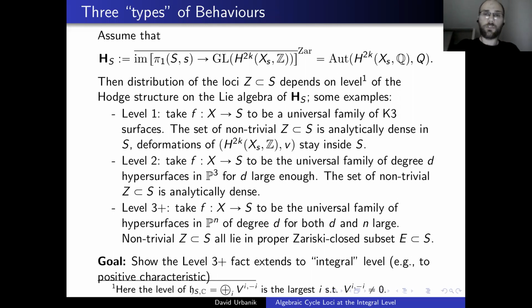But in fact, if you look at the original family, not the complex algebraic one, but the integral family of hypersurfaces, then there is some proper Zariski closed subscheme of the parameter space that is going to contain not just the characteristic 0 families, but also the positive characteristic ones, which are also non-trivial in a certain way that I'll make precise.